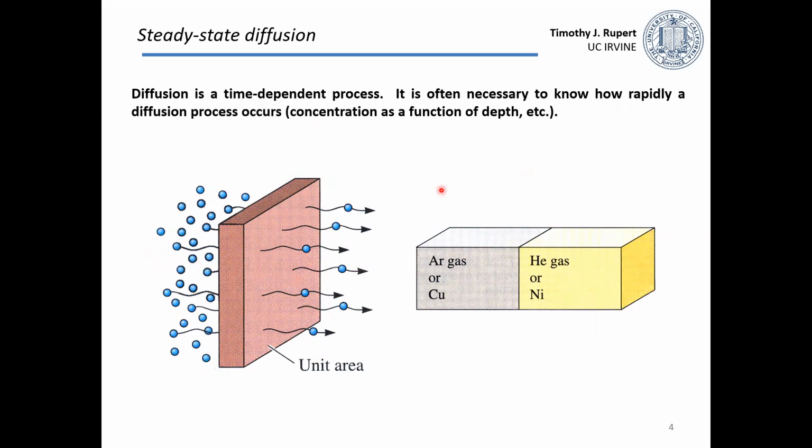In contrast, you can think about the situation drawn here on the right. You can either have this be gases or solids, but you could think about putting two blocks of pure materials next to each other and then allowing them to mix. And one thing, for example, you might want to know is what's the concentration as a function of depth away from this interface as you let that experiment go on.